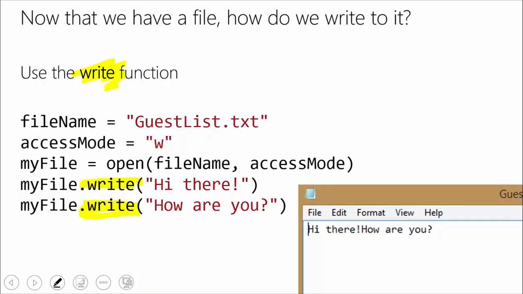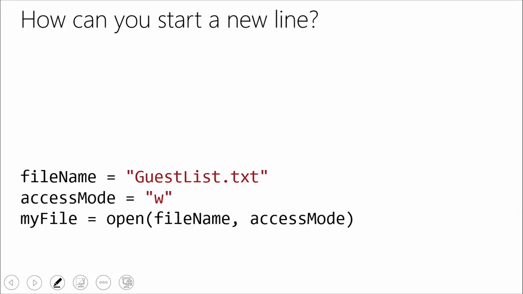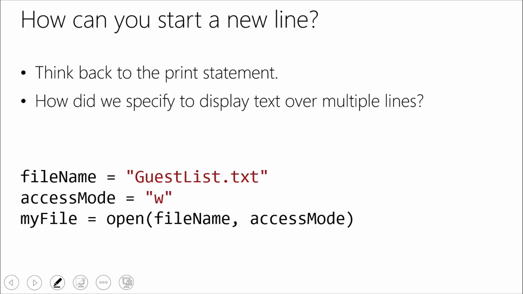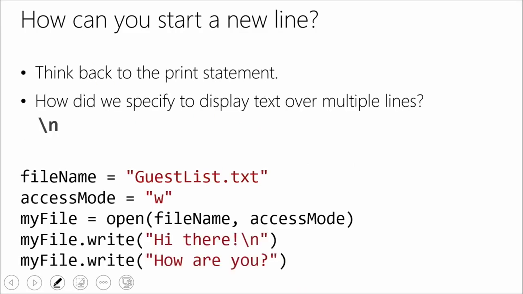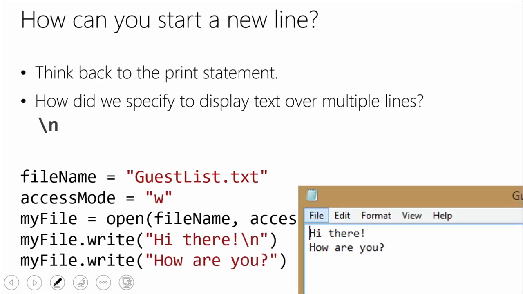That's exactly what you're going to need in order to get this onto the next line. So we've got a little screenshot here. You'll notice, hi there, how are you? All on the same line. If we want a brand new line, think back to that print statement. What we're going to need is that \n. And so now, if I do a \n there, and I bring this back up, you're going to notice that it's on a brand new line.